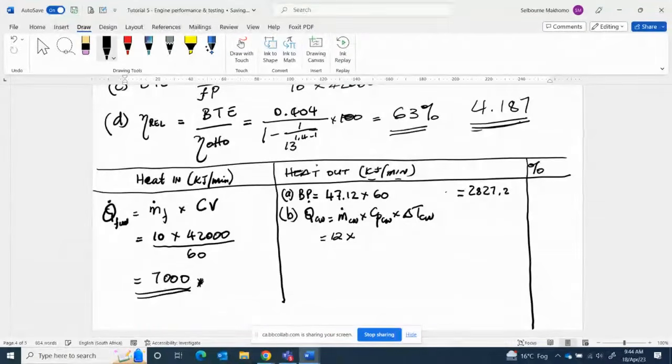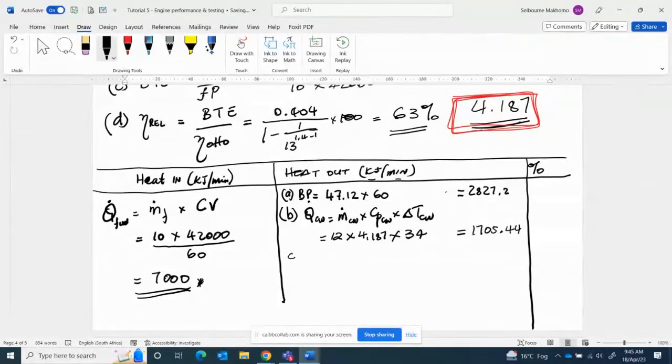Please pay attention to this as well: if it is not given, it's always 4.187. I'm sure you know this from fluids. Multiply by delta T, which was given as 34 degrees Celsius. And the answer here is 1708.44.